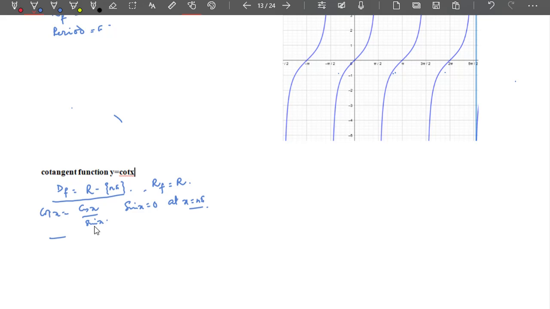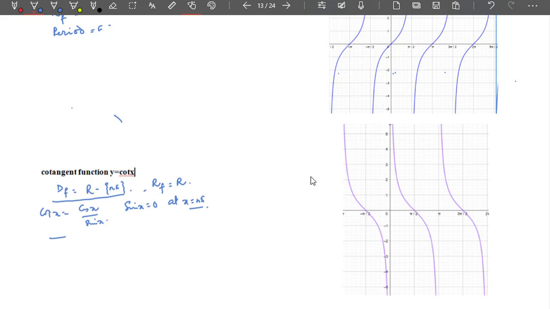Okay, look at the graph. This is the graph of y equal cot x. Look, at 0 it is undefined, it decreases to 0 at pi by 2 where cos x is equal to 0.